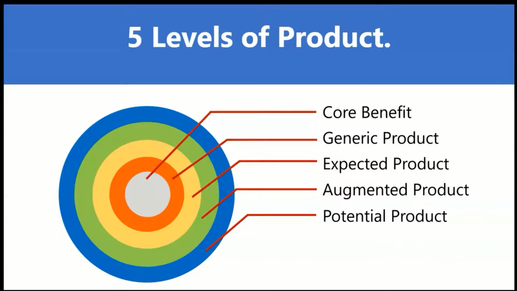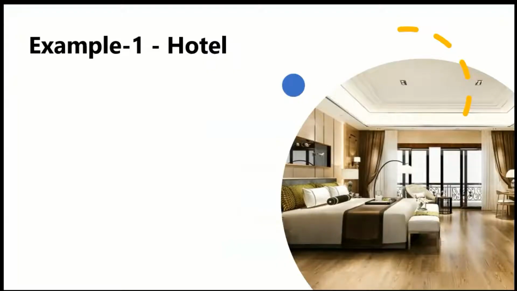Now let us understand the 5 levels of the product with some examples. Example number 1 is the hotel. Let's take hotel from a service point of view and understand the 5 different levels of the product. The core benefit is the need or want satisfaction. The core benefit of a hotel is why we go to a hotel: to take rest or have a good sleep.